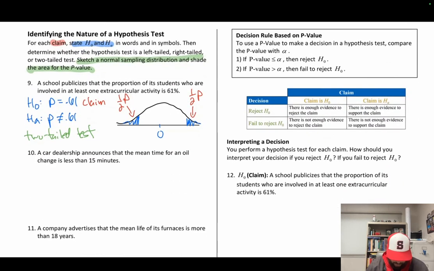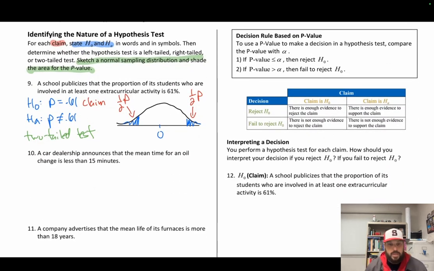All right, 10. A car dealership announces that the mean time for an oil change is less than 15 minutes. So we have our H0, our HA, and our cut point is 15. And so we want less than.